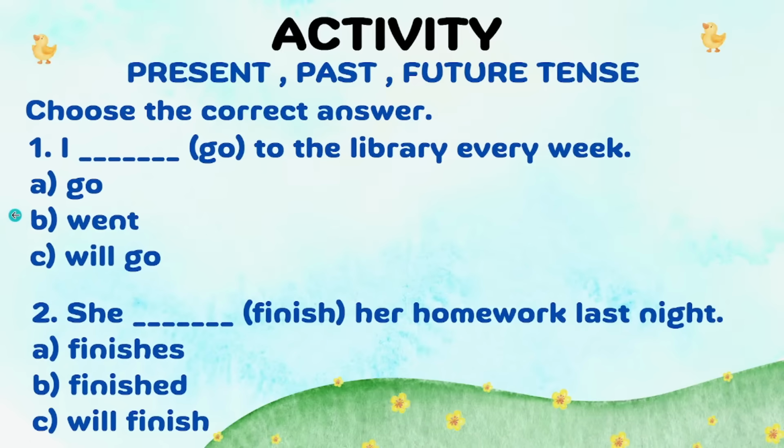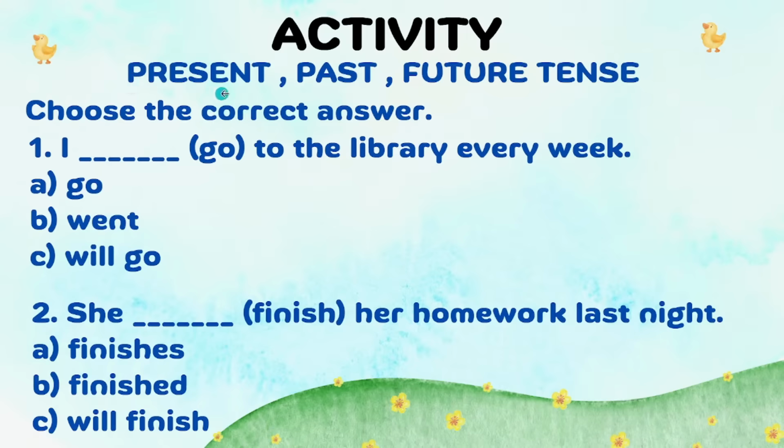Okay, now, the verb is go. So, when we say go, it's present. Okay? When we say went, it's past. When we say will go, it's going to be future. So, since it says every week, it's presently happening. So, what are you going to use for the go?